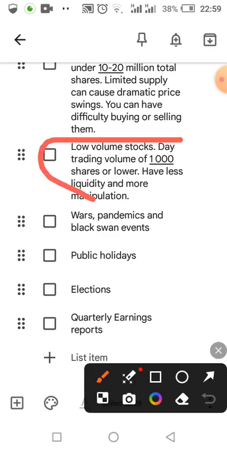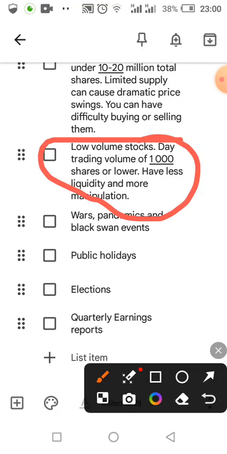And then also when trading stocks, do not trade what are called low volume stocks. Low volume stocks are those which are considered to have an average day trading volume of about 1,000 shares per day or less, which are traded each day. Trading them also has a problem because they will have less liquidity.